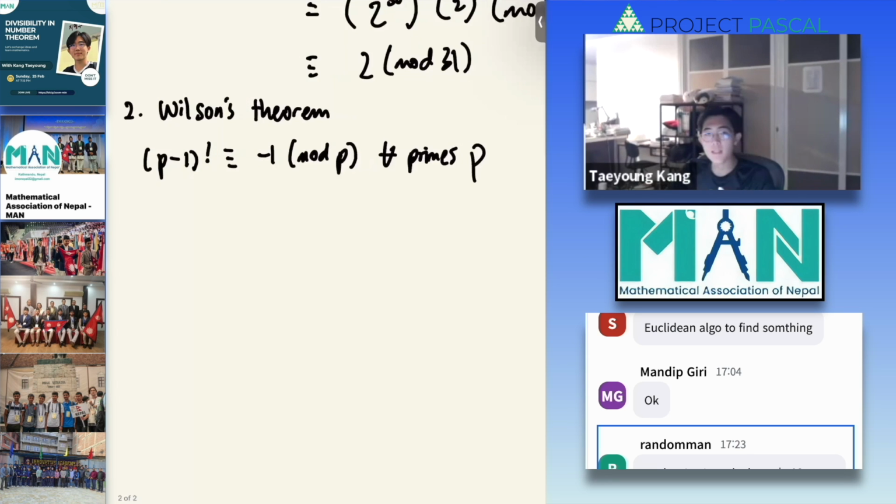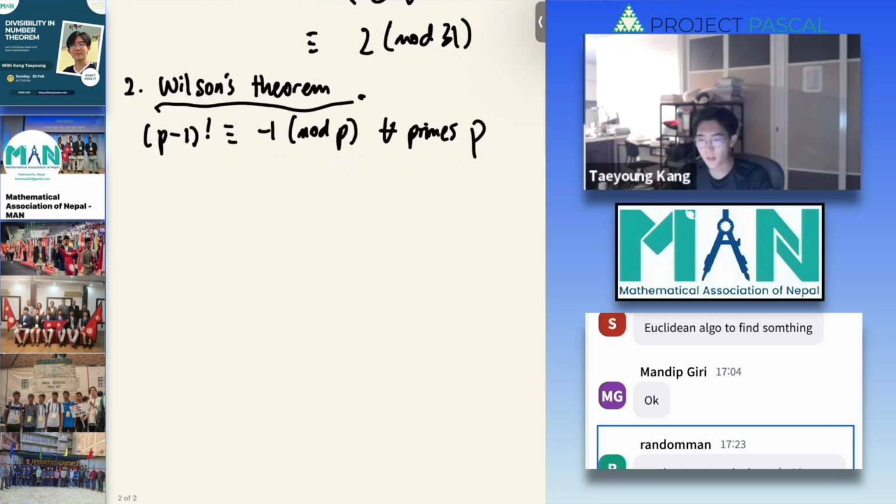This isn't as common as Fermat's little theorem when it comes to Olympiads, but it is a very important theorem, especially when they ask for the modulo or congruence of a factorial mod p. So whenever you see some sort of factorial and you want to evaluate it modulo a prime, the first idea that should come to mind is Wilson's theorem.